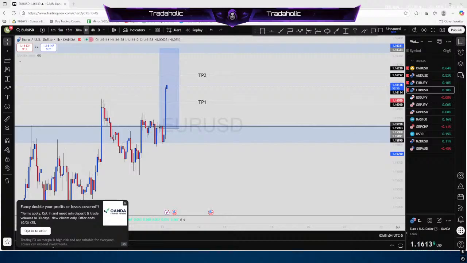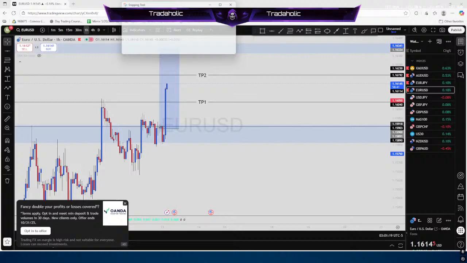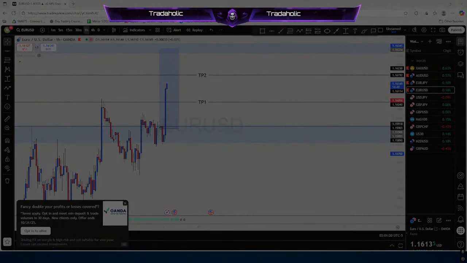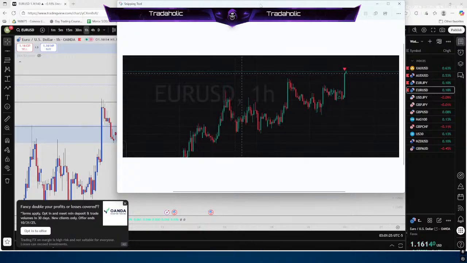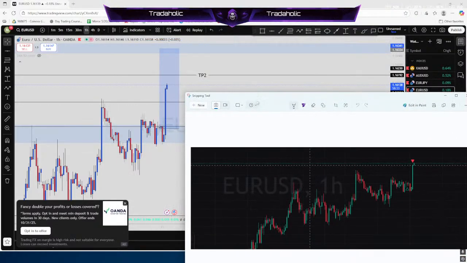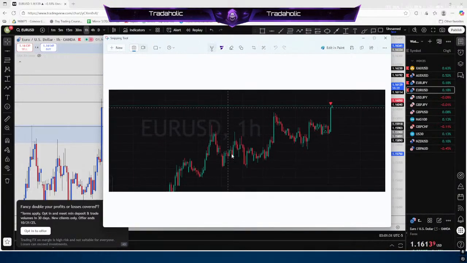Let's go to settings. Let's add the more canvas. Let's screenshot this real quick. This was the EU position that you see on the screen right over here. This was this position, copied straight from a screenshot straight from my broker.